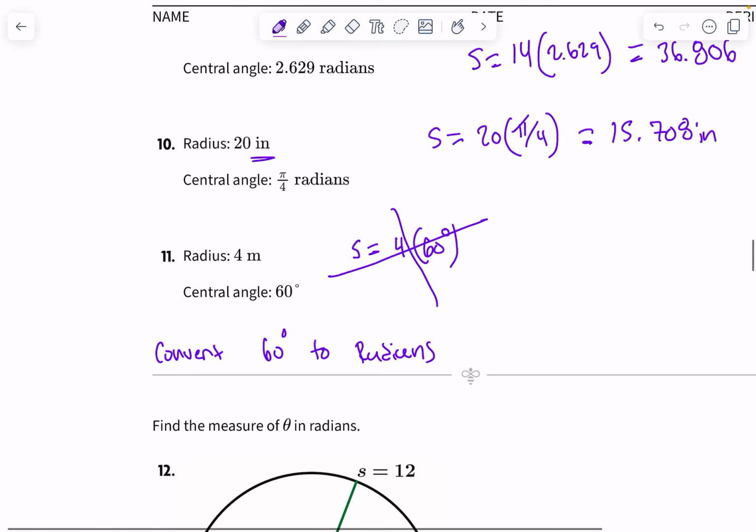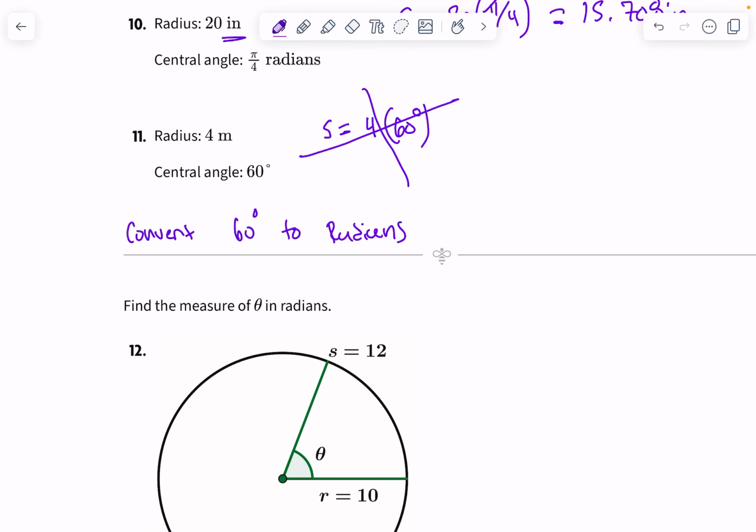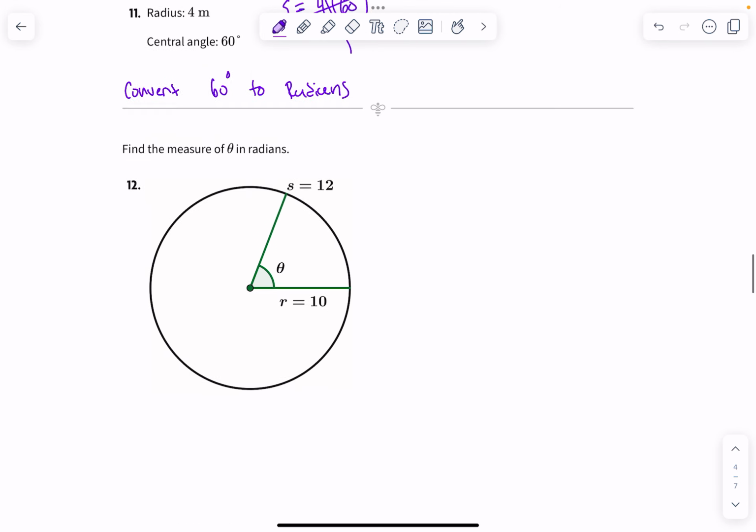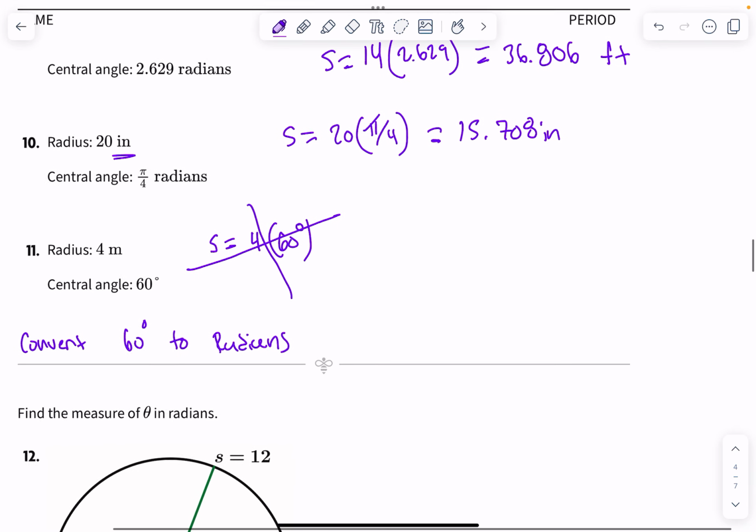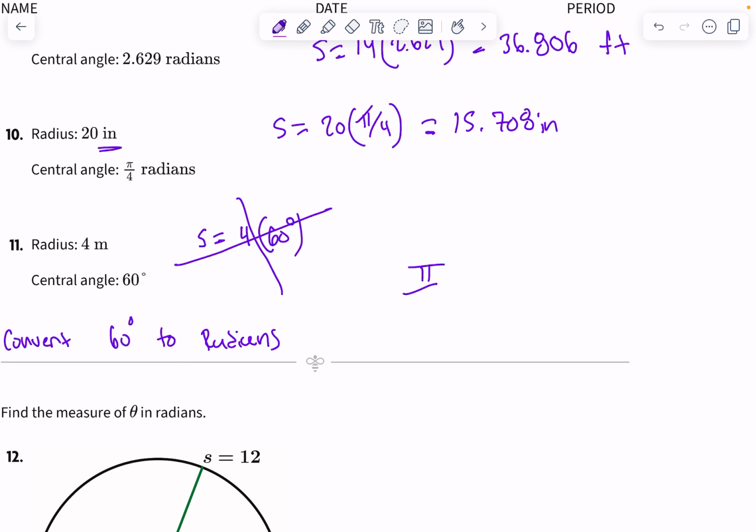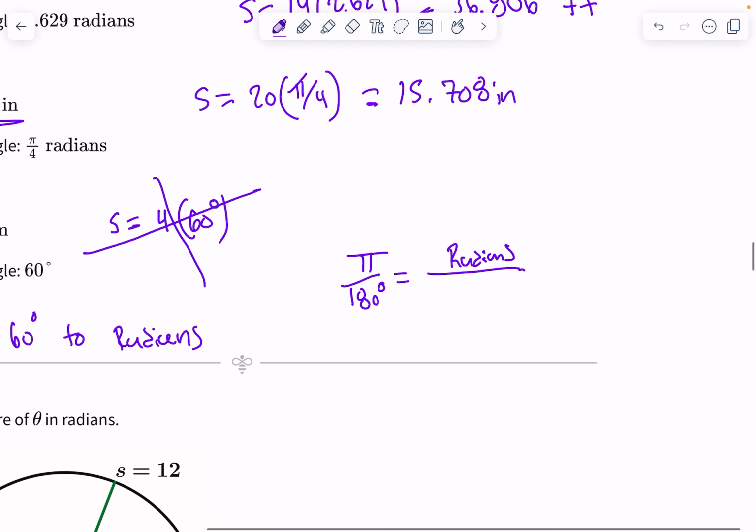There are two different ways of doing this. If you do not memorize it off the unit circle, we can convert it. So pi over 180 degrees is equal to radians, what I'm looking for. 60 degrees goes here.